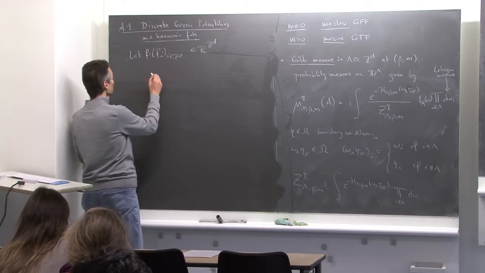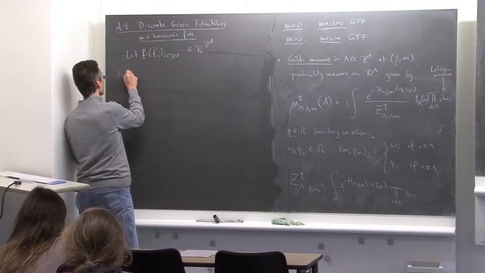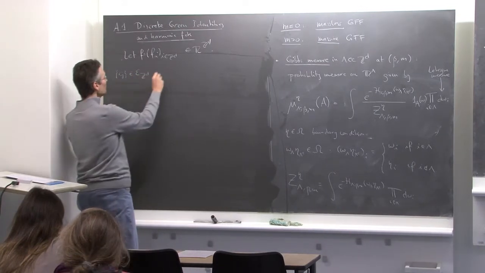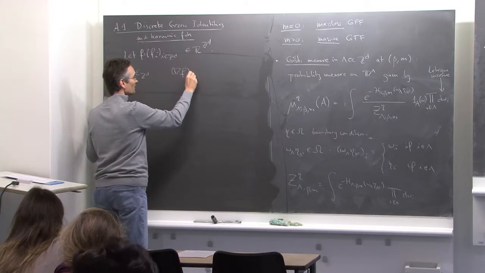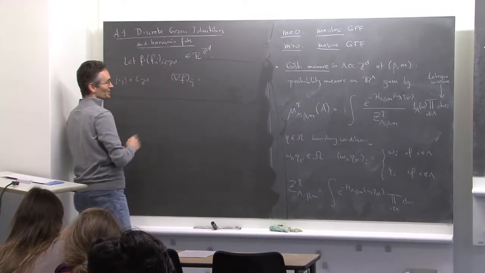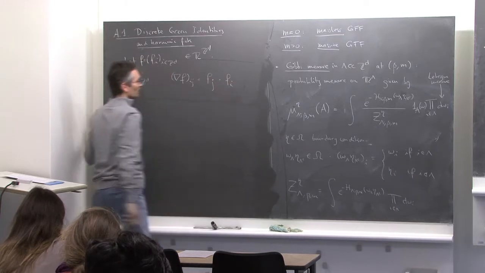And then I want to define the following quantities. So for any, say, ij, which belong to the edges of Z^d, I define the gradient of F at ij, just the discrete gradient at the edge ij, it's just fj minus fi. Okay.